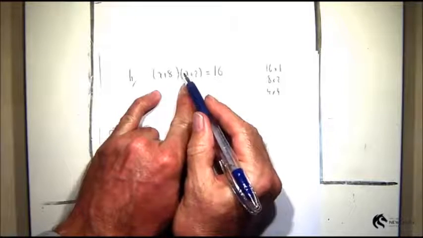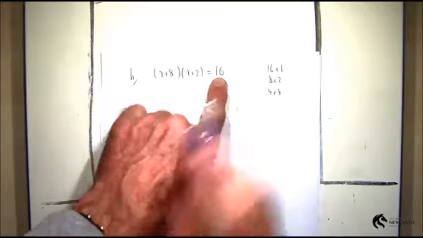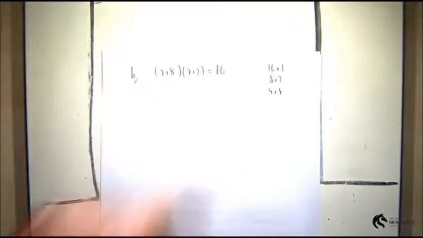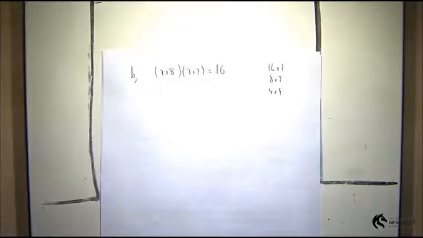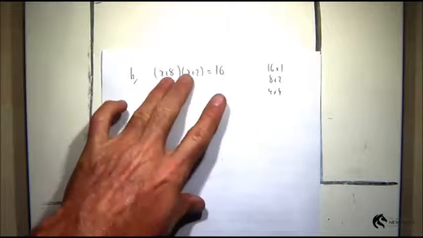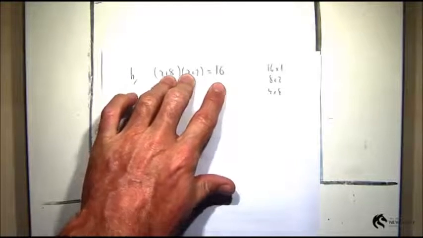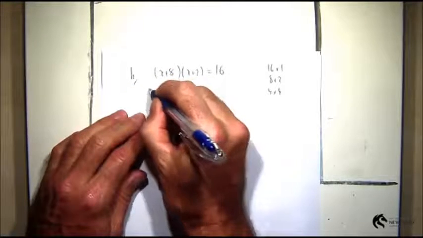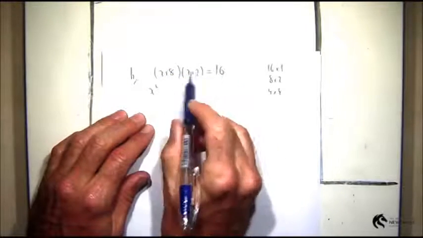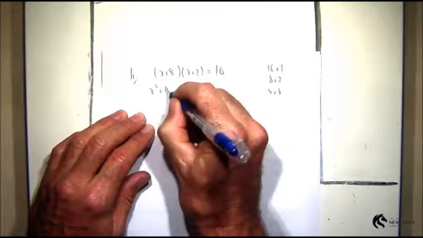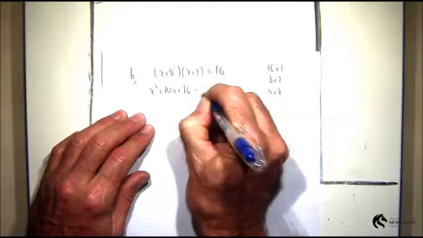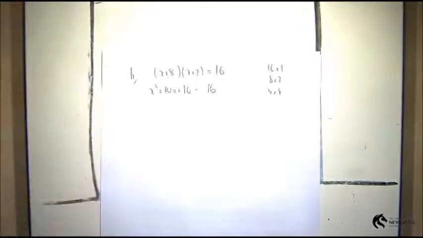So what I need to do is make this right-hand side 0. Because I know if I multiply two numbers to give 0, one of them has to be 0. So in this case, to solve it, I actually have to expand out the brackets and then subtract the 16. So I will do that. Expanding out the brackets via my FOIL, I'll get x squared plus 2x plus 8x plus 16 is equal to, this one comes out to be easy.